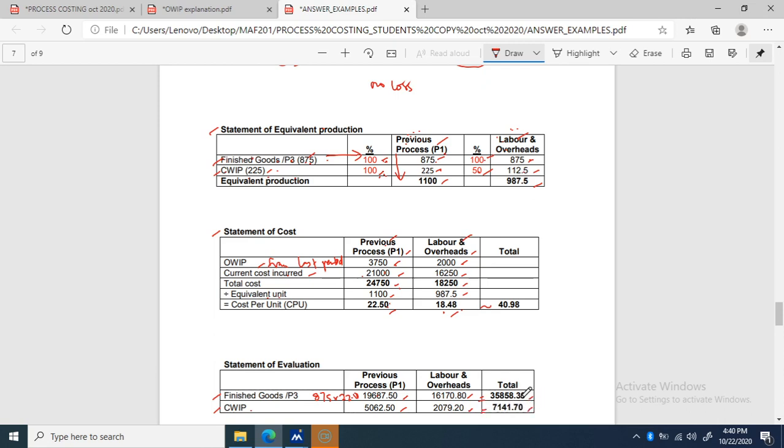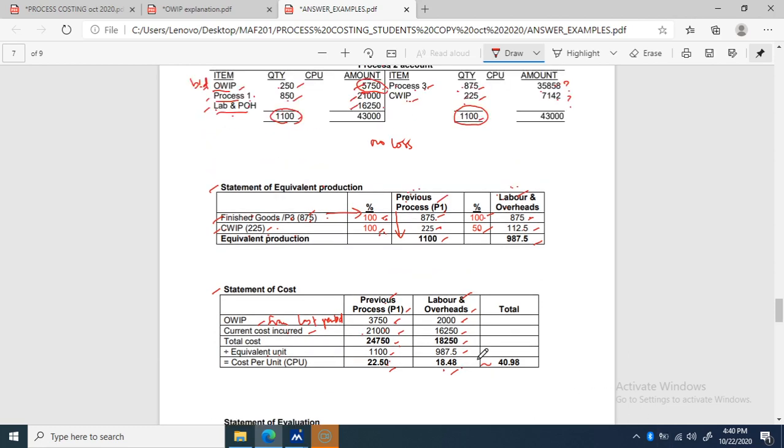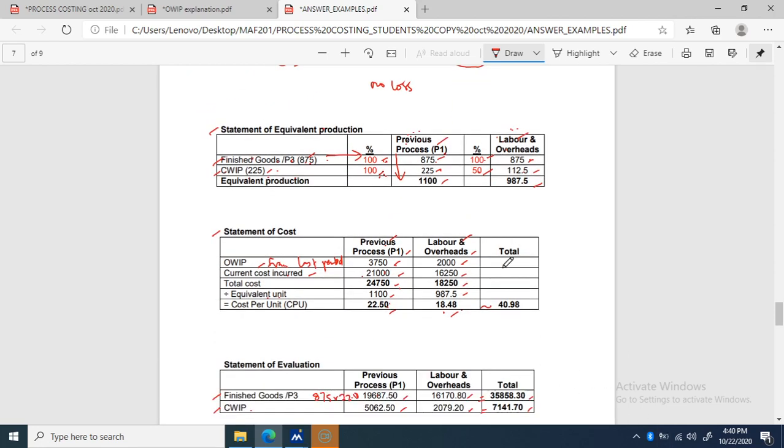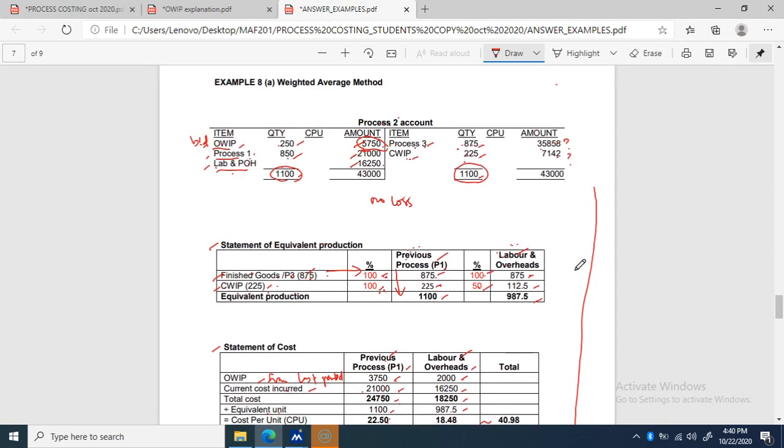So this is 2 decimal places. When you put it in your process accounts, you can round off to 2 decimal places, or you can take the nearest ringgit, 0 decimal places. If you use 0 decimal places, that means 35,858. So 35,858, you put it here.